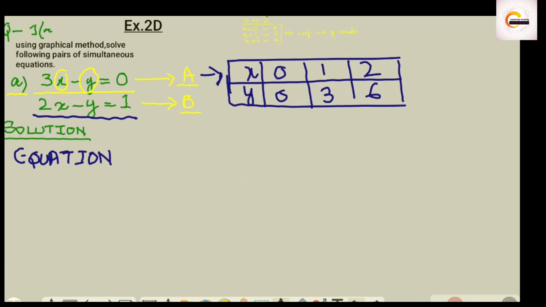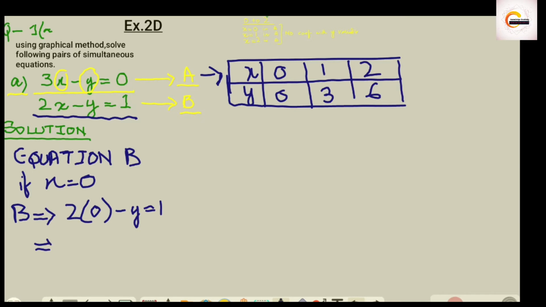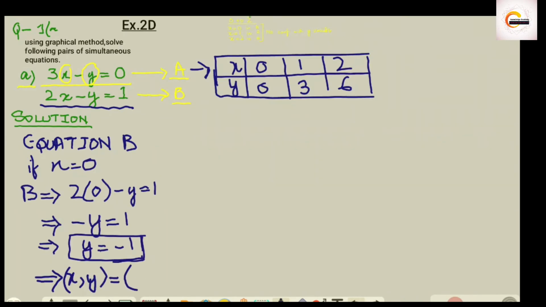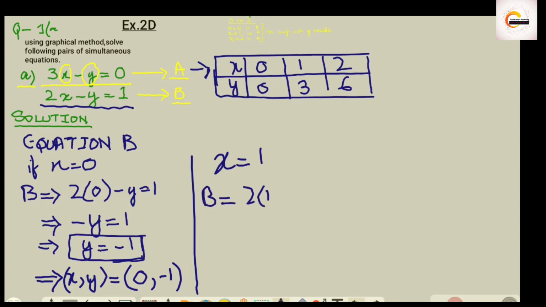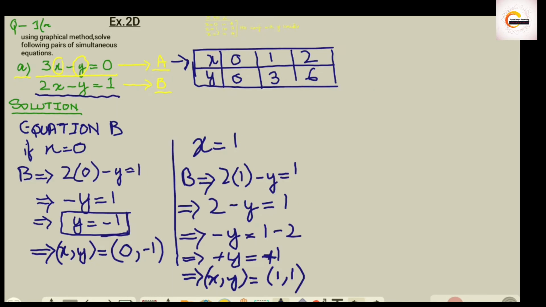If x equals 0, equation B will be 2 times 0 minus y equals 1, so y equals minus 1, and the point is (0, minus 1). Now, if x equals 1, then equation B will be 2 times 1 minus y equals 1, so y equals 1, and the point is (1, 1).